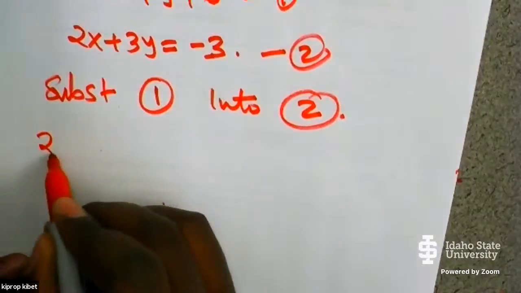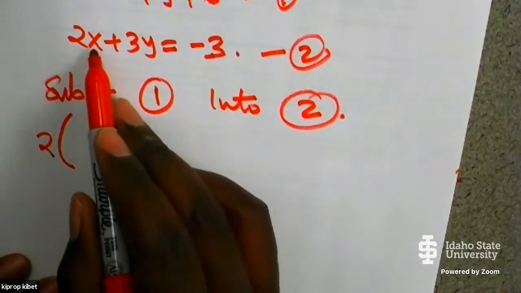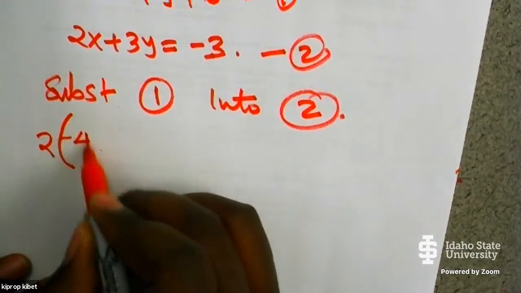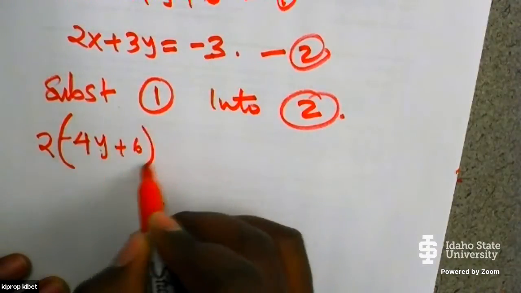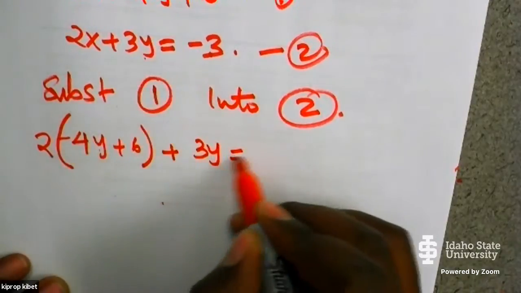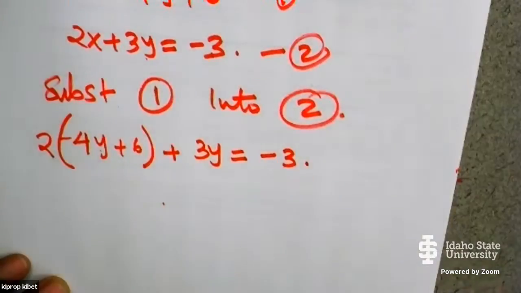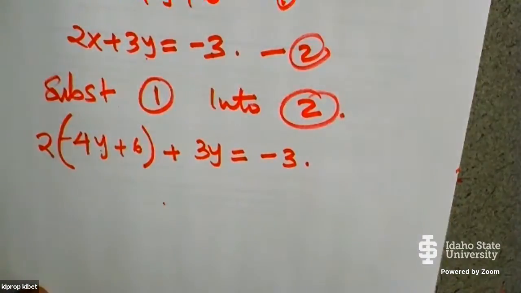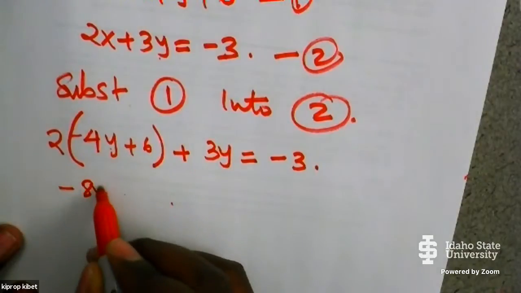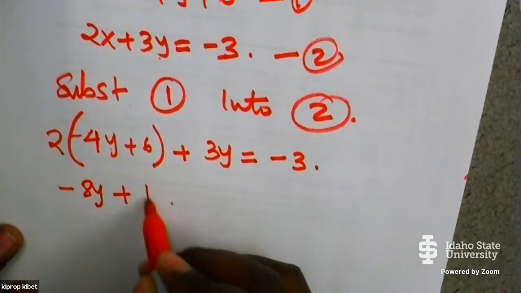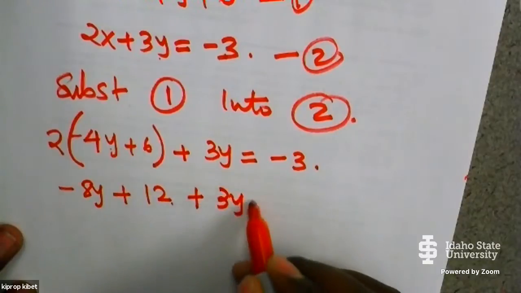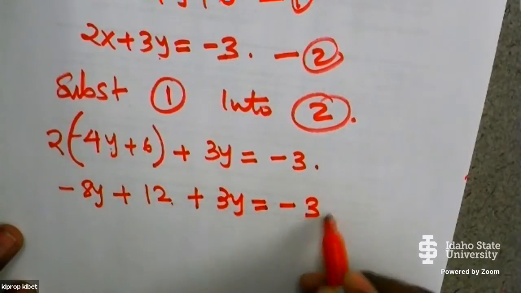So it will be 2 brackets, x is the minus 4y plus 6, plus 3y equals minus 3. And then you open the brackets. So minus 8y plus 12 plus 3y equals minus 3.